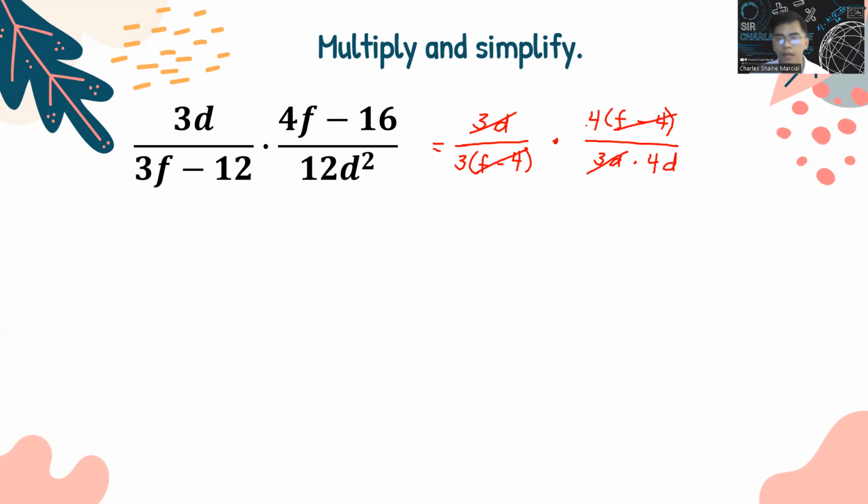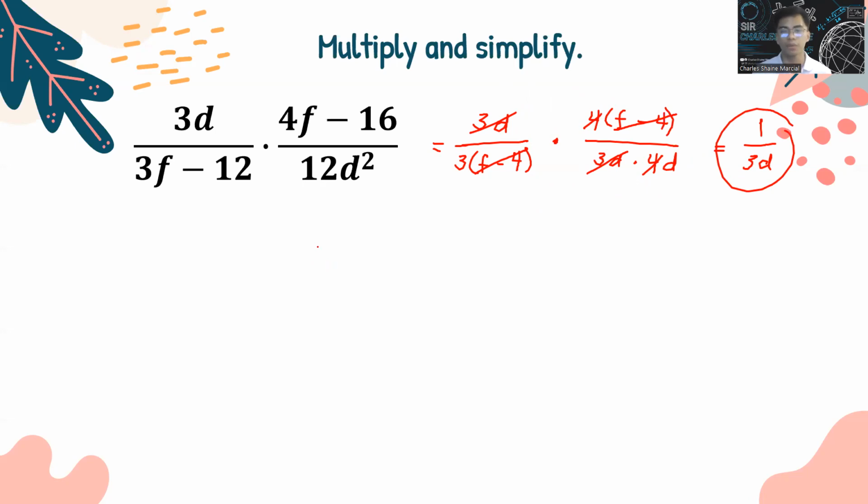Okay? And also, we can cancel out yung 4 from numerator and yung 4 from the denominator. So yung matitira na lang is 1 over 3D. So since walang natira sa numerator, 1 na lang siya. And sa denominator, 3 times d, that is equal to 3d.